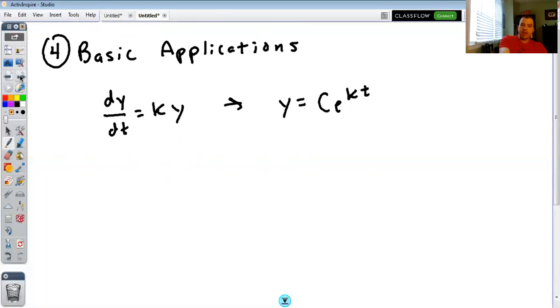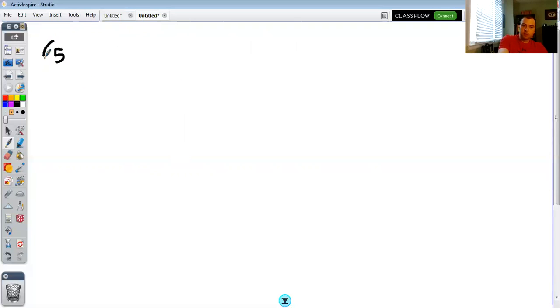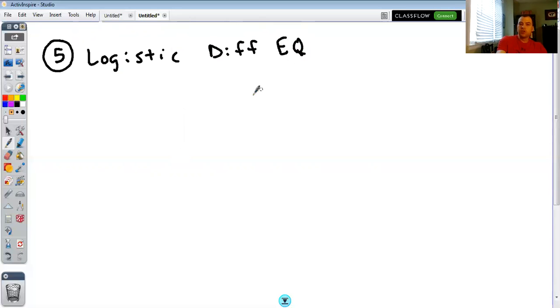Okay, the last thing today is for BC students only, this is going to deal just with the logistic differential equation. And the logistic differential equation gets represented two ways on the AP exam, typically.